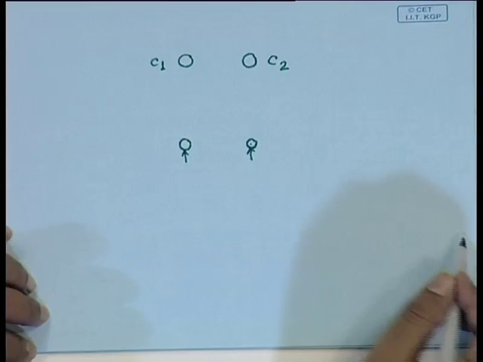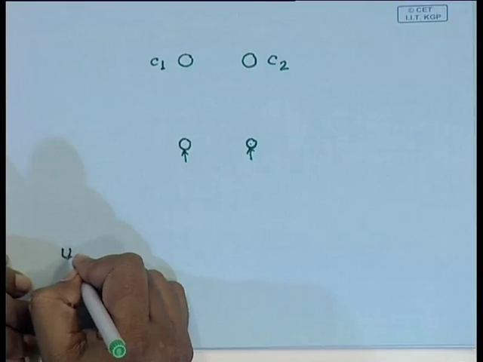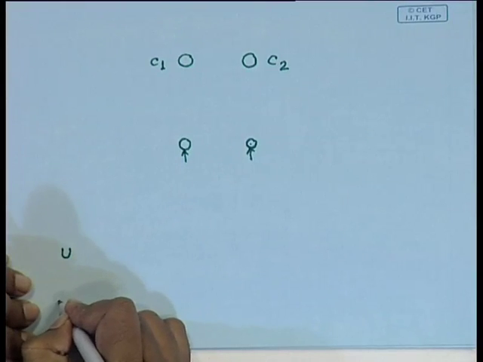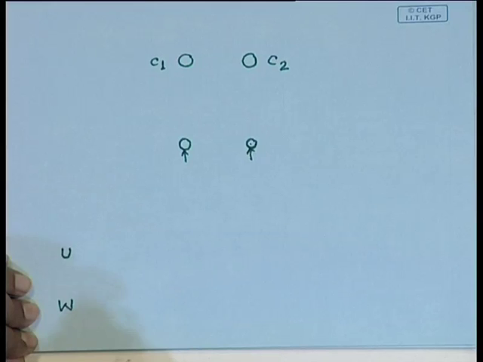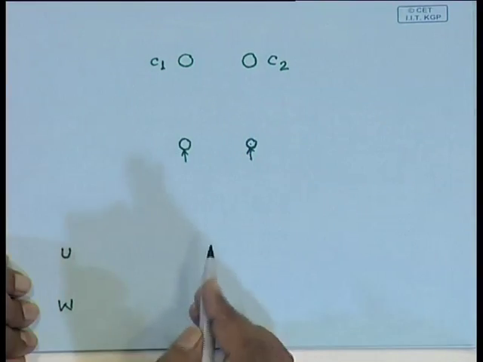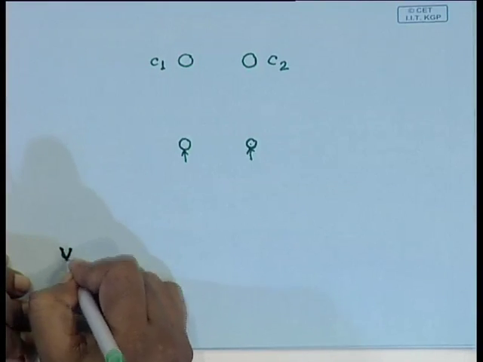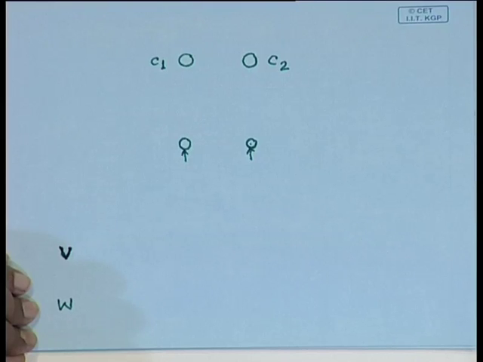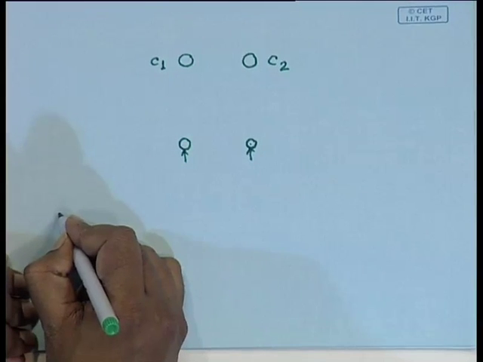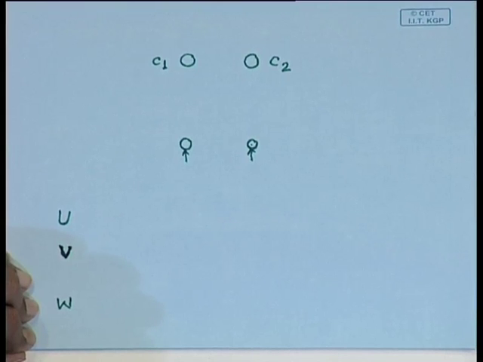For the min point I will have a matrix V, and for the max point I will have a matrix W. And I will have a matrix U which represents the connections from the middle layer nodes to the output layer nodes.